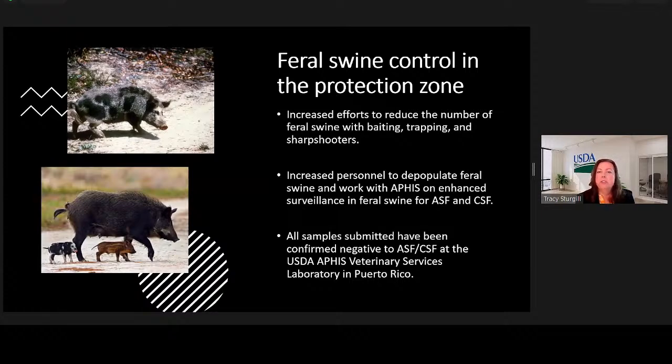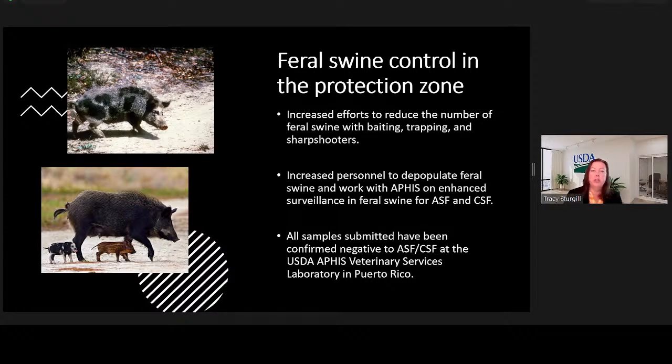So feral swine are certainly a concern of introduction and spread of swine diseases, including African swine fever, and thus we increase our efforts to control populations of feral swine and enhance the surveillance in this population. And that has occurred. The increase has occurred since the inception of the protection zone.